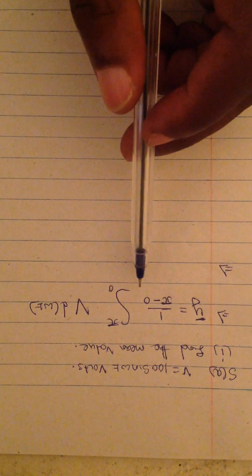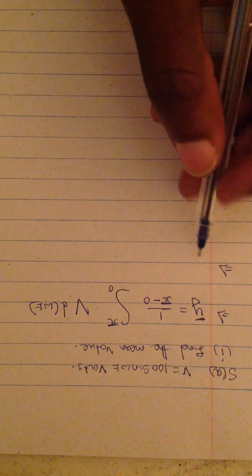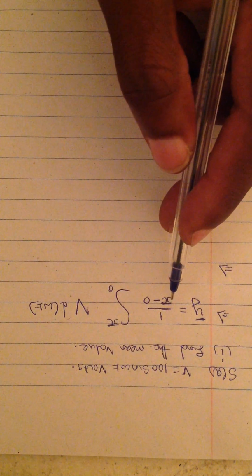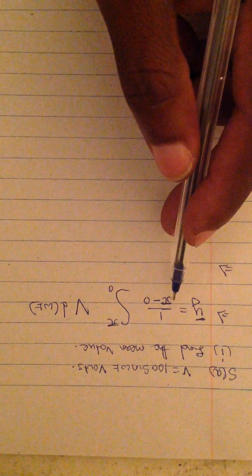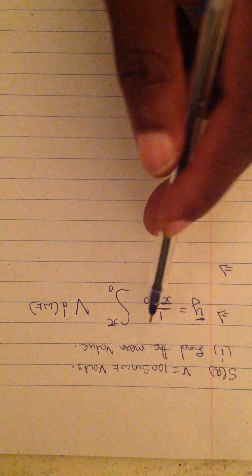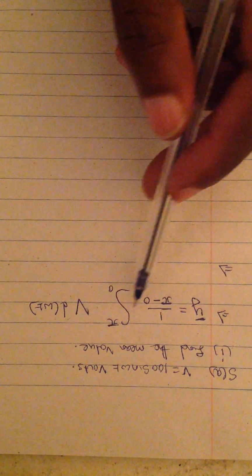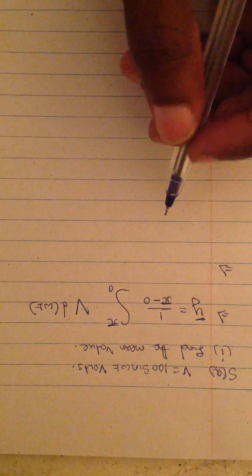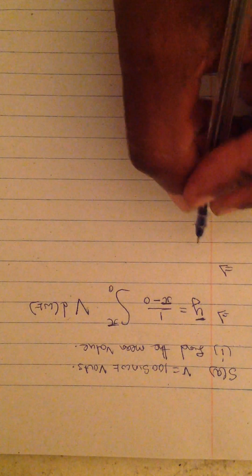I'm not going to show you how they derive this formula; that will be saved for another day, and I'll try to come up with a video showing how it is derived. For now, we're going straight into calculations.